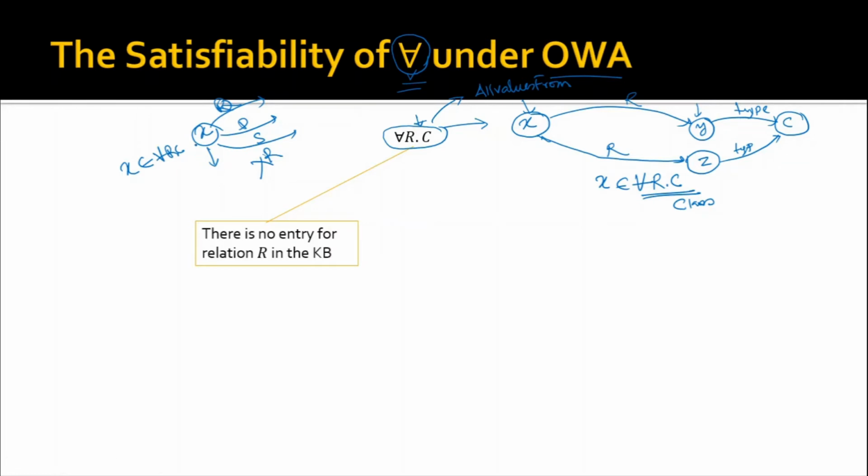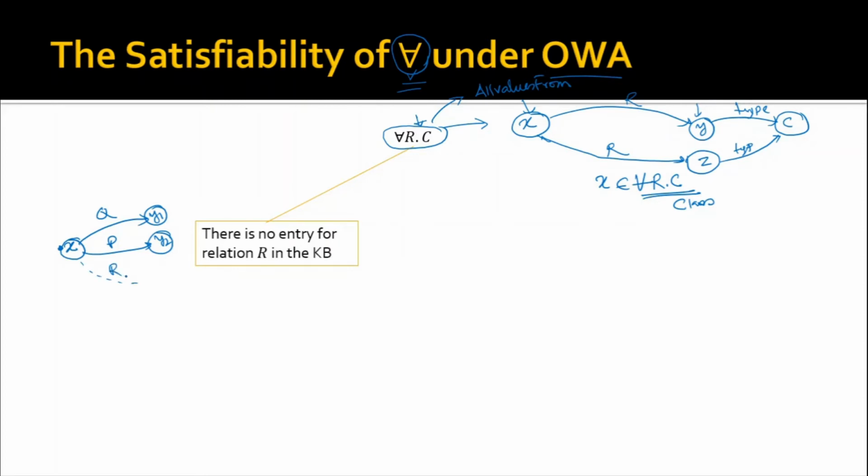Second, I'm trying to illustrate the fact. You have one entity in your knowledge base, which is X, right? And it has many relations, say Q and P, and others. So let us take these two relations coming out of X, and you have Y1 and Y2 as values, right? But it does not have any relation with R. So R is not there.